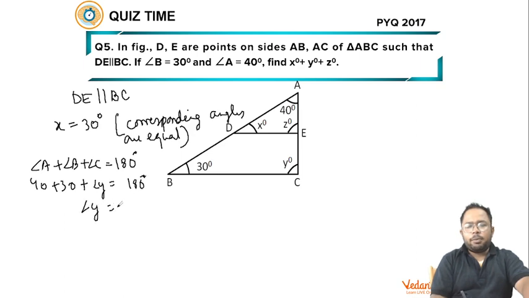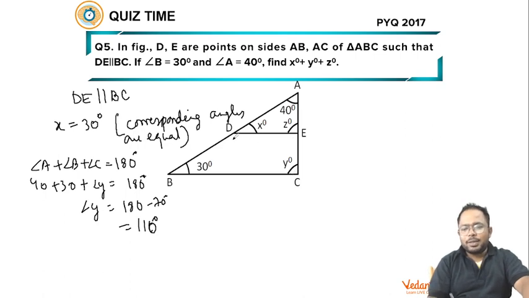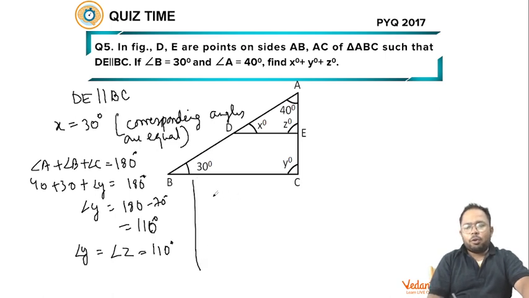So angle Y would be very simple, 180 minus 70. That is 110 degree. So Y we have got. Now if Y is 110, and DE is parallel to BC, so Y angle would be equal to Z angle. That's 110.